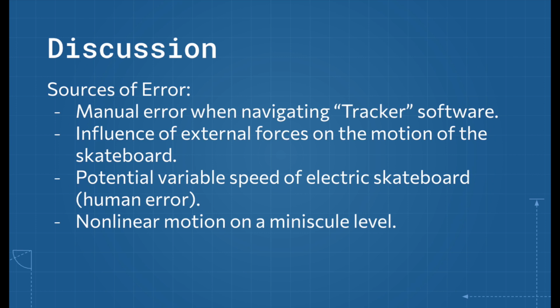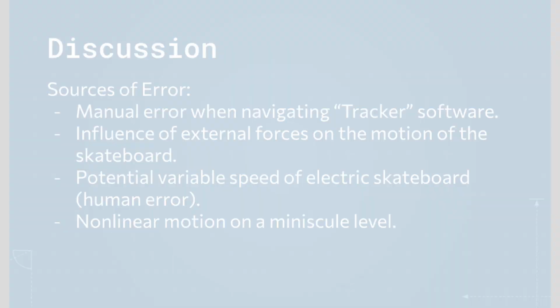Another is the potential variable speed of the electric skateboard, meaning when I was controlling the speed, I could have pressed too hard or too soft. And then the nonlinear motion, which is not too much of a factor, but the skateboard could have skewed minimally left or right, which would produce error.